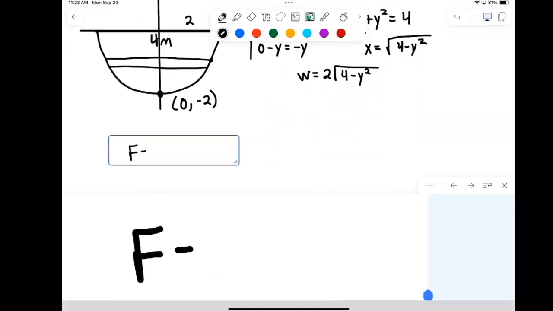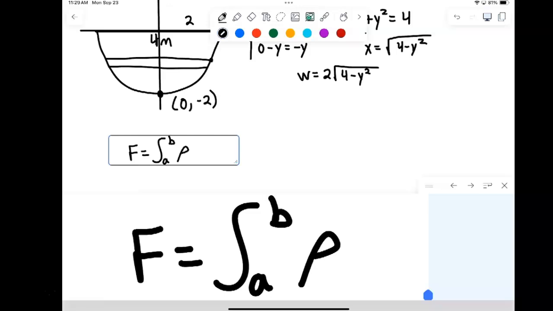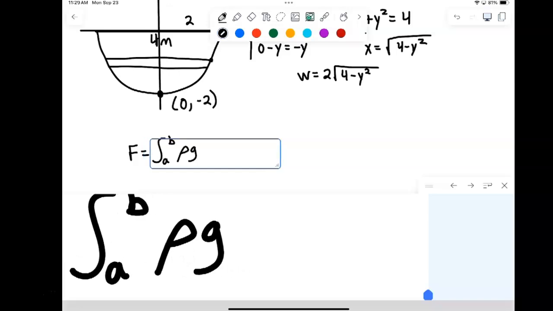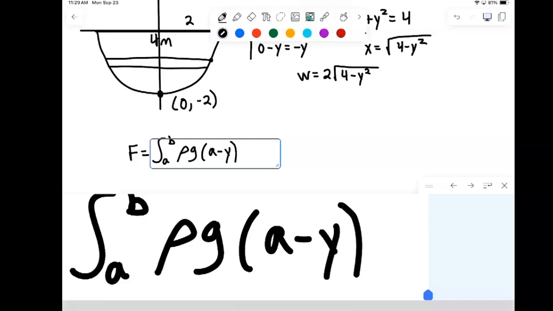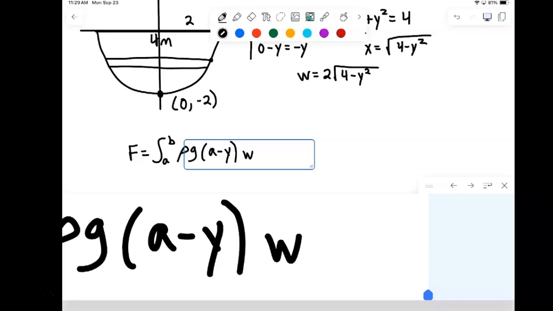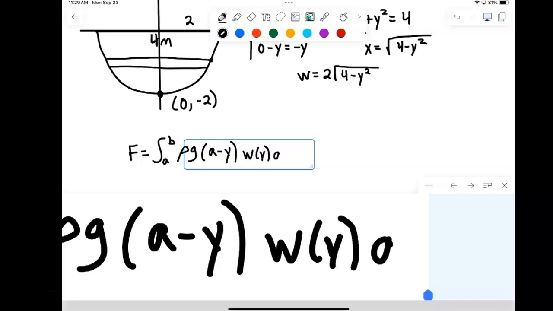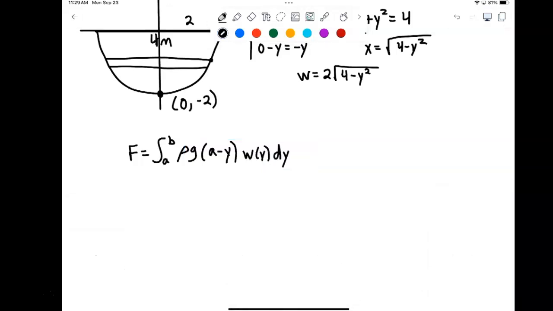So force would be the integral from a to b of rho g times your depth, a minus y, times your width function, dy.